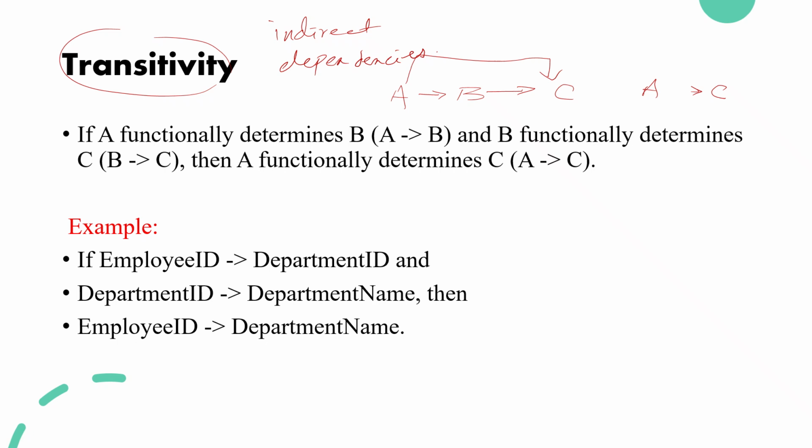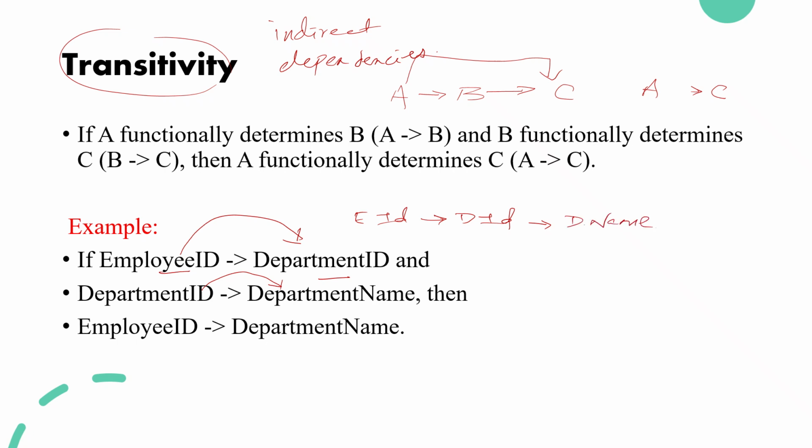If you see an example here, employee ID is an attribute, department ID is an attribute. Employee ID is determining department ID and department ID is determining department name.